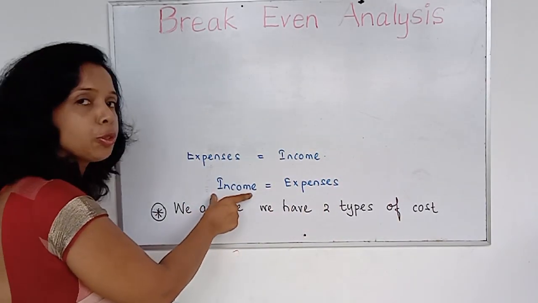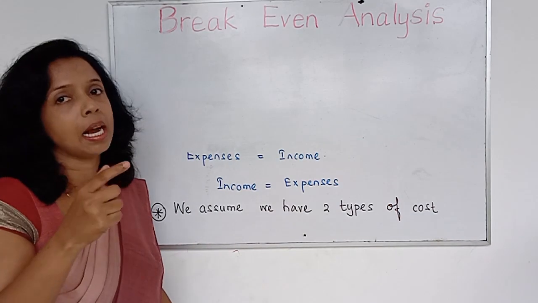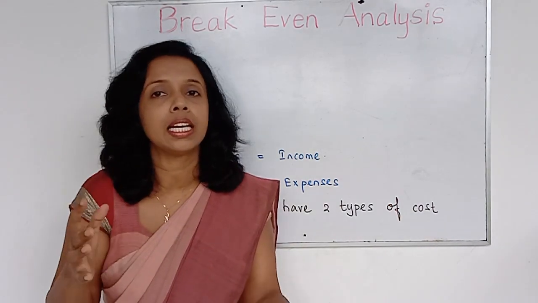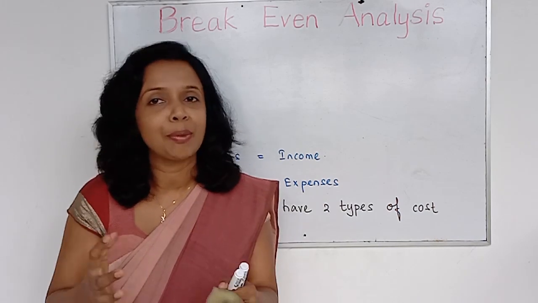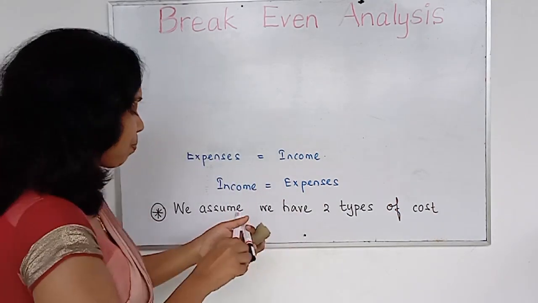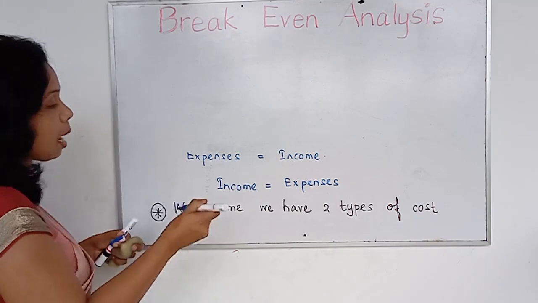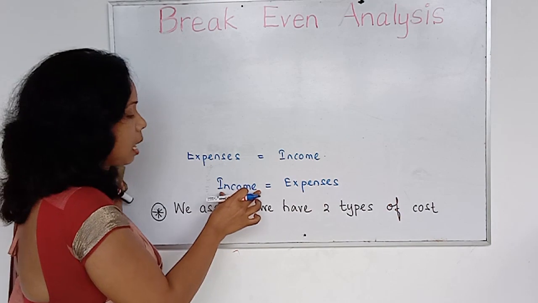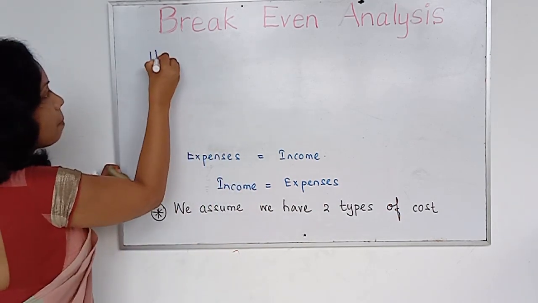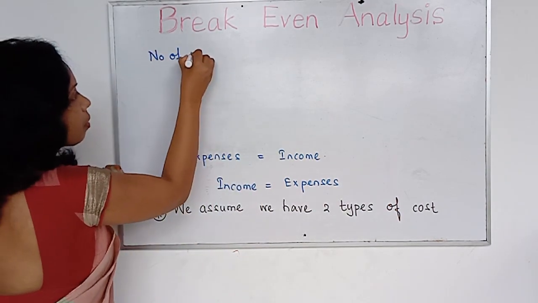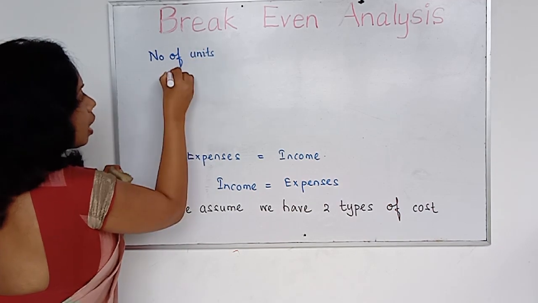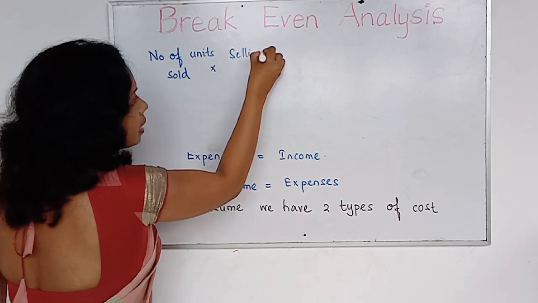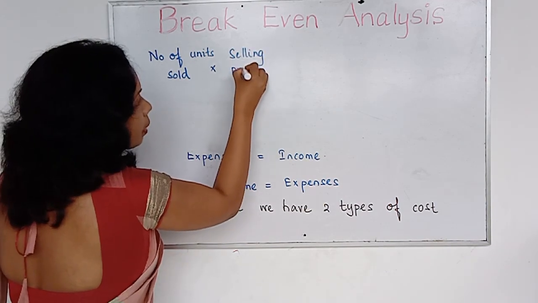Now, how can I calculate my income? The same example I would like to bring you: the small scale garment manufacturing business. So in my small scale garment manufacturing business, my income will be the number of units I sold times the selling price per unit.